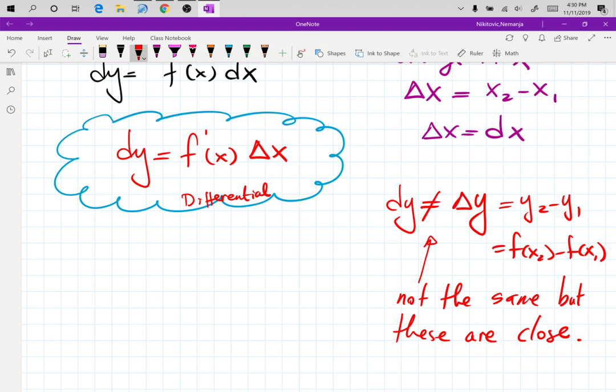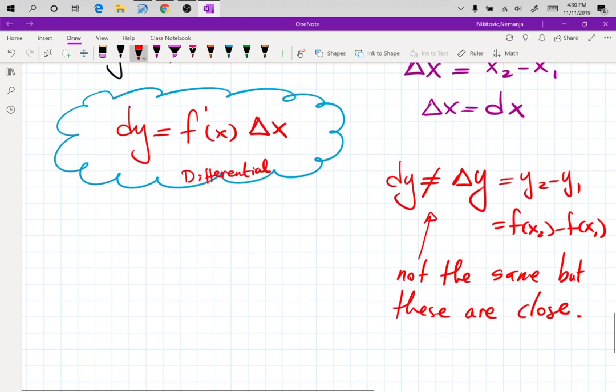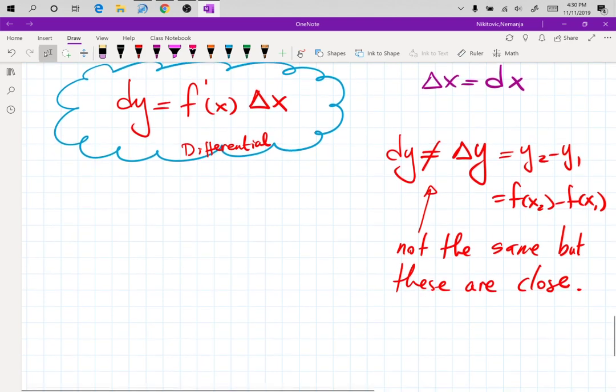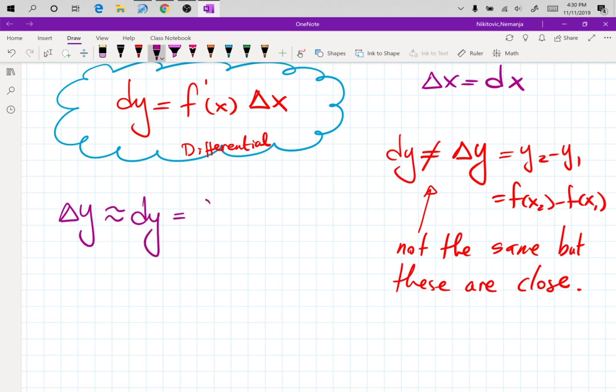Okay, but it's just not the same for both. No. They're close, but they're not the same. So now, the true change in y is approximated by dy, which is f prime of x delta x. So this is what you are going to use in your calculation.